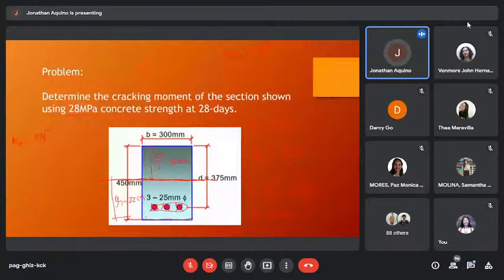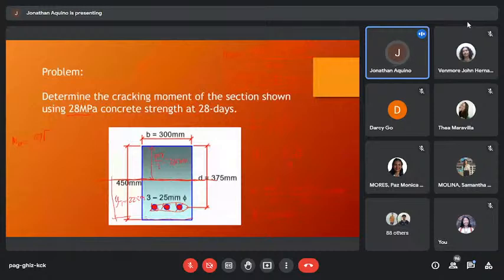So the cracking moment is 0.7 square root of 28 times 2.278 times 10 to the 9 divided by 225, divided by 1,000 squared. So the cracking moment capacity is 37.51 kilonewton meter. So meaning, kahit pa pang reinforcement, yung beam natin, meron siyang 37.5 kilonewton meter na flexural capacity.